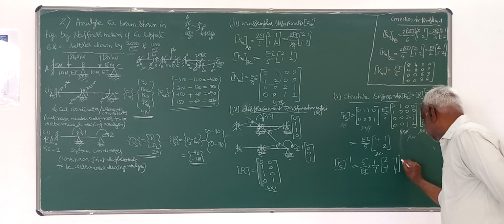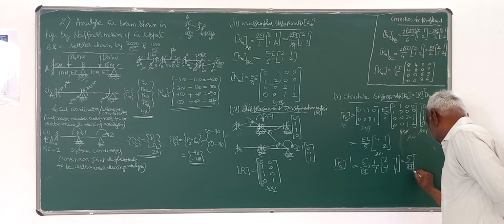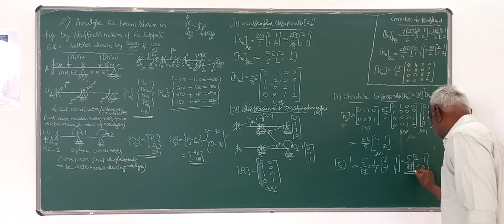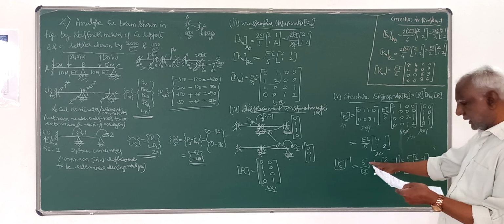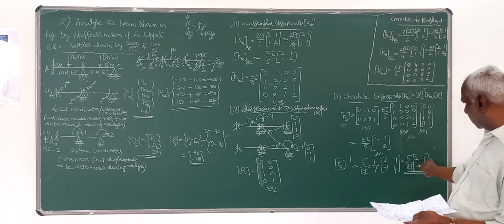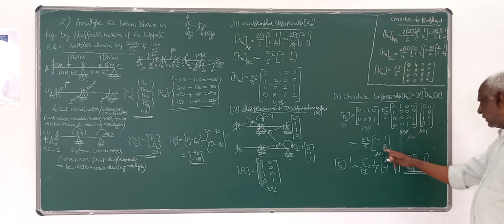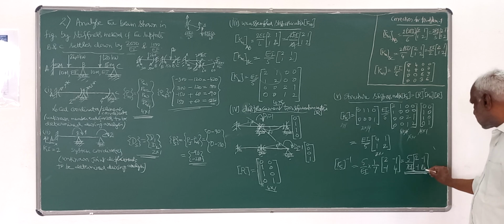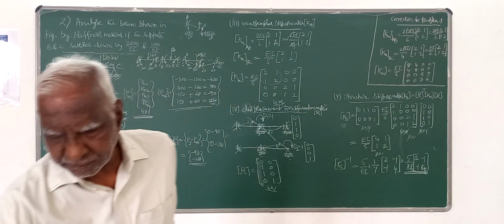So this is 5 by 7 EI into 2, minus 1, minus 1, 4. That is the inversion of this stiffness matrix. So this is the fifth step.